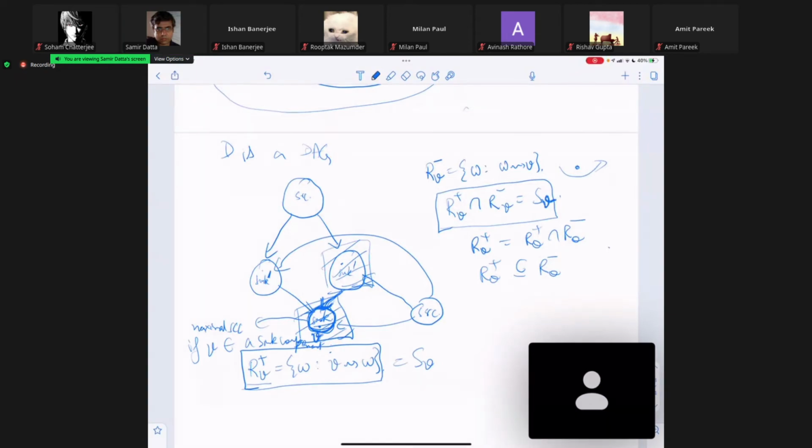Sir, could you explain the last two lines? So what I'm saying is, if V belongs to a sink component, then RV plus is SV, correct? V belongs to a sink component if and only if RV plus is SV. Is the implication both ways clear?